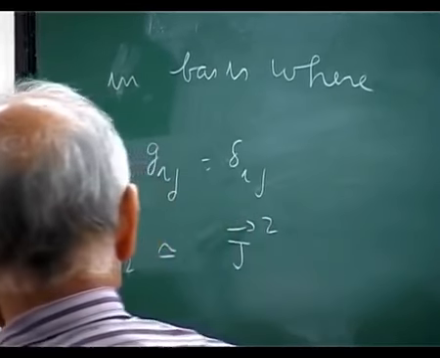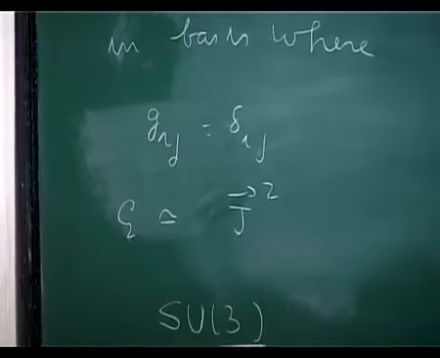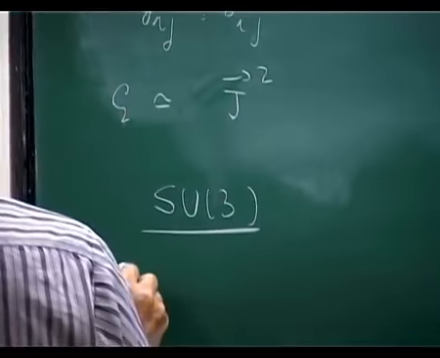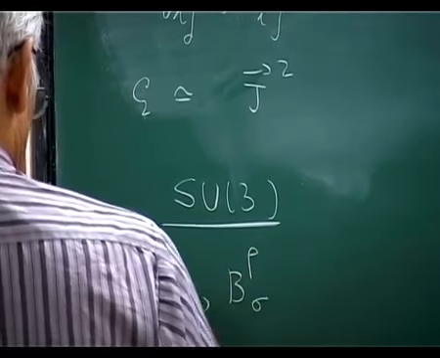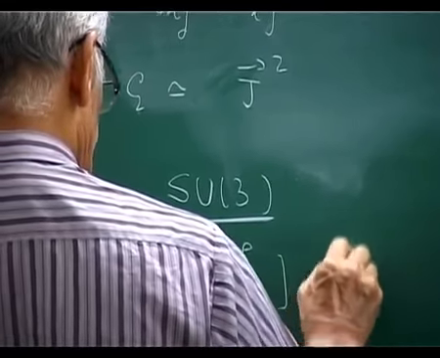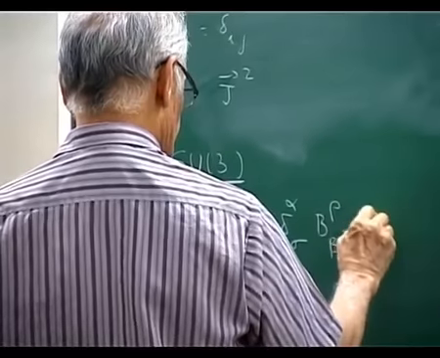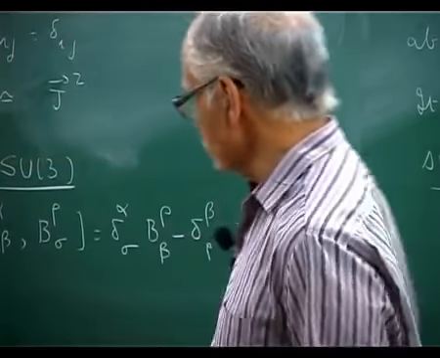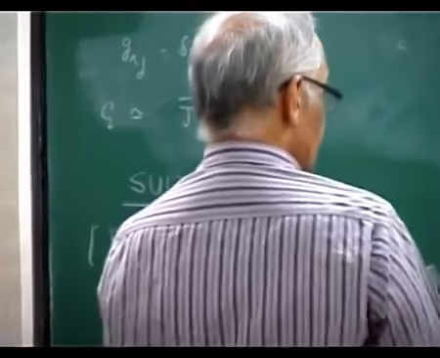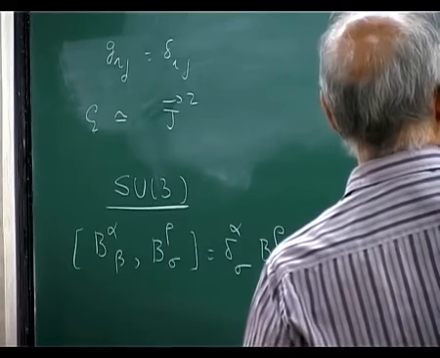If you take SU(3), here remember the basis B_alpha_beta. I wrote this, no: the commutator of B_alpha_beta and B_rho_sigma is delta_alpha_sigma B_rho_beta minus delta_beta_rho B_alpha_sigma. These are the commutation relations, where the B's are the tensor generators and the sum of B_lambda_lambda was 0.